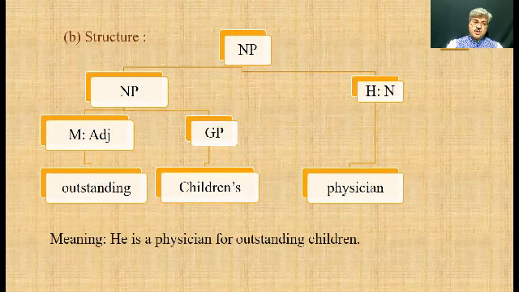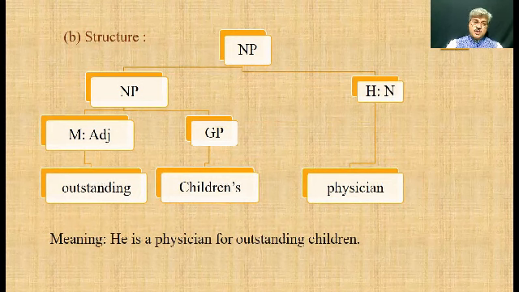So in the third example, we need more highly trained scientists. Number one, NP, quantifier more, modifier adjective phrase, modifier adverb highly, head adjective trained, head noun scientists. It means we need a greater number.